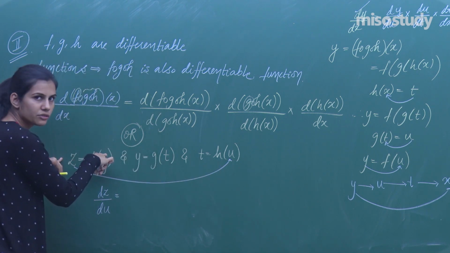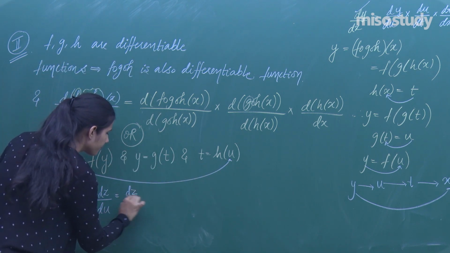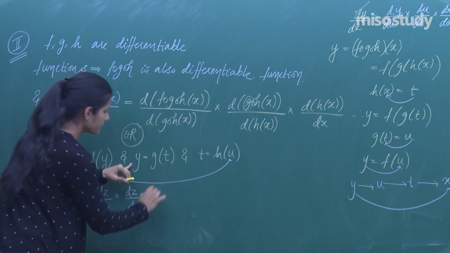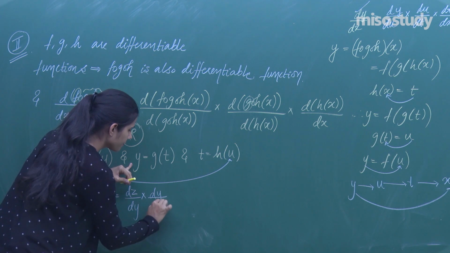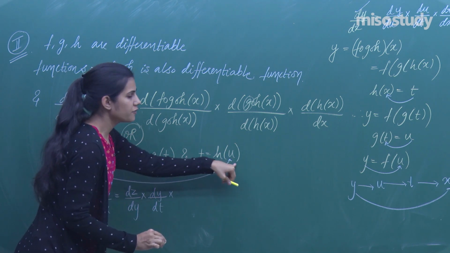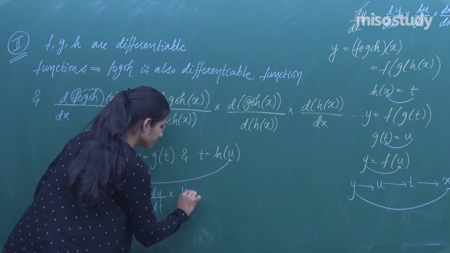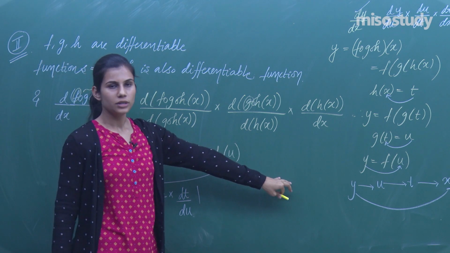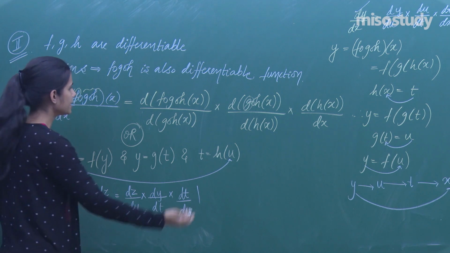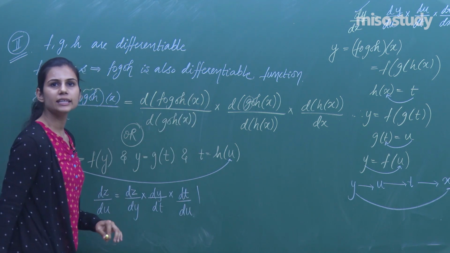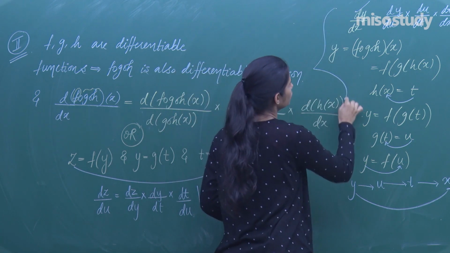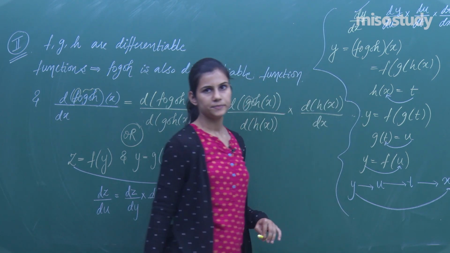Compute derivative of z with respect to y, then multiply it with derivative of y with respect to t, multiply it with derivative of t with respect to u. And here I just showed you that this is not something foreign, it is actually connected with this only in a different interpretation. That's what I wanted to show you from here.